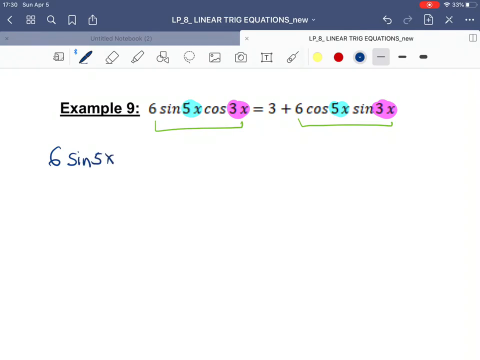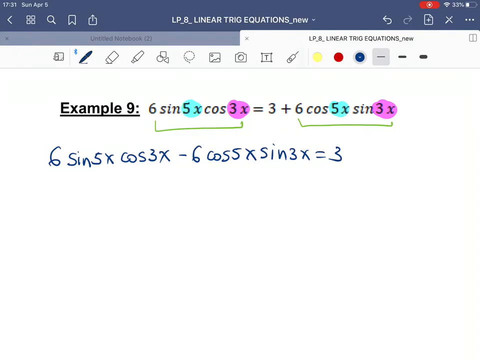6 sine 5x cos 3x. When you think about it, actually what we are doing is something that we have normally done when we solve linear equations. So take the variables in one side, keep the constant in the right side or in the other side, whichever side you use. 5x sine 3x equals 3.